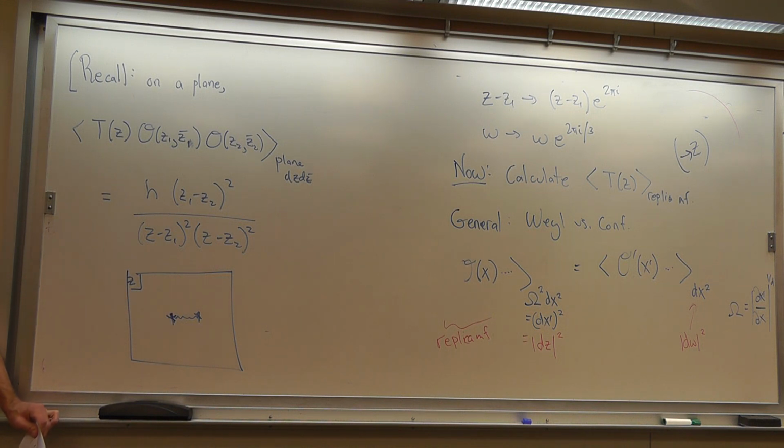It's not literally the same. It's just that the stress tensor sees it the same way. So the experience of the stress tensor is that these two things are the same.